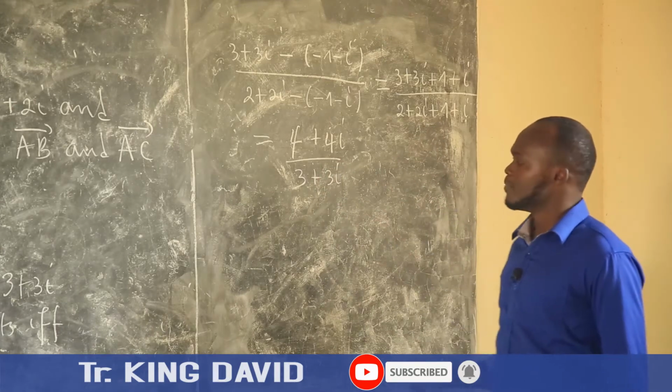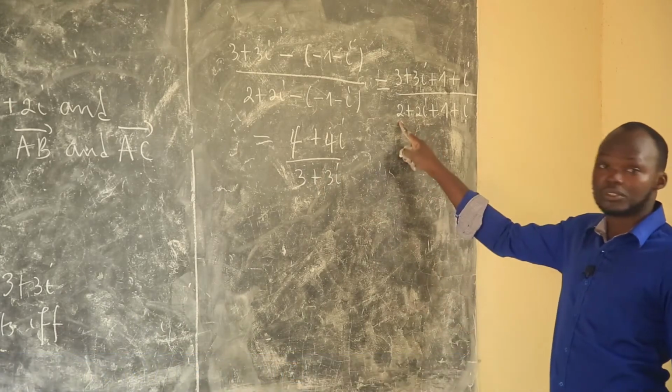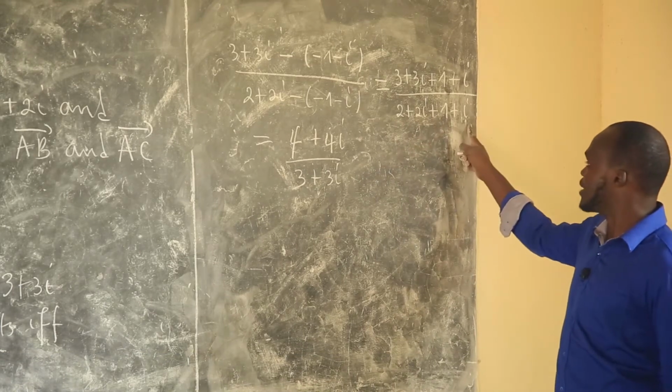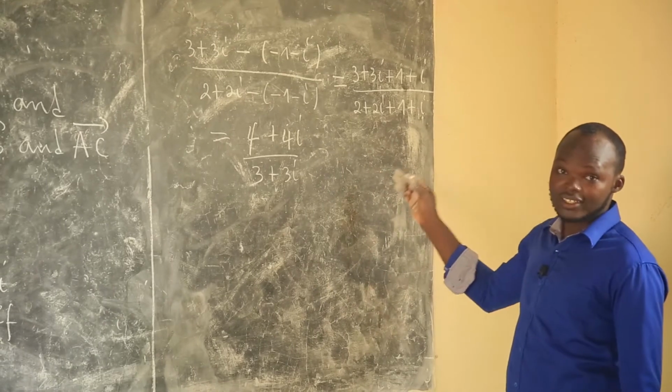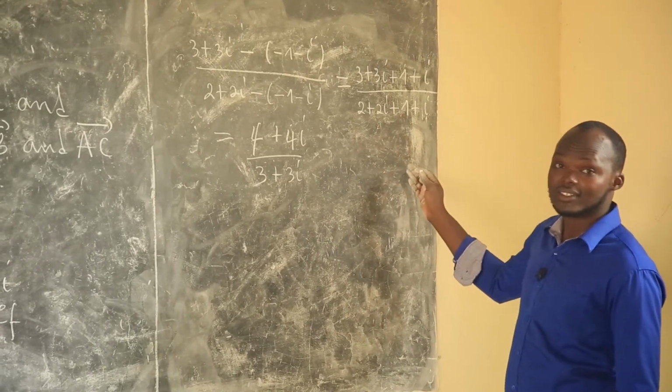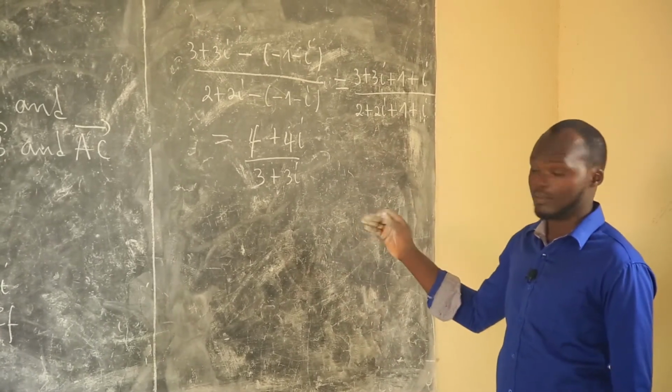I hope you remember why I'm adding 2 with 1 and 2i with i, because we add the real part together, and the imaginary part together. We first add the real part, and finally we add the imaginary part.